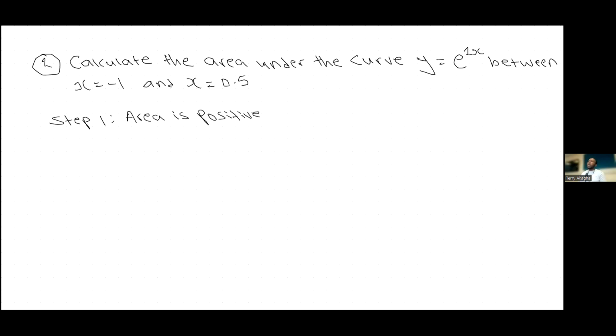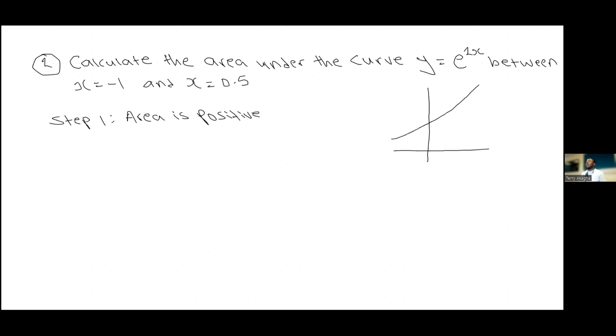Okay, so the first thing I can also say here is that we can sketch this. I showed you how to sketch an exponential graph as well, so I'm not going to talk about it. I'll just sketch it. The exponential graph is going to look like this.